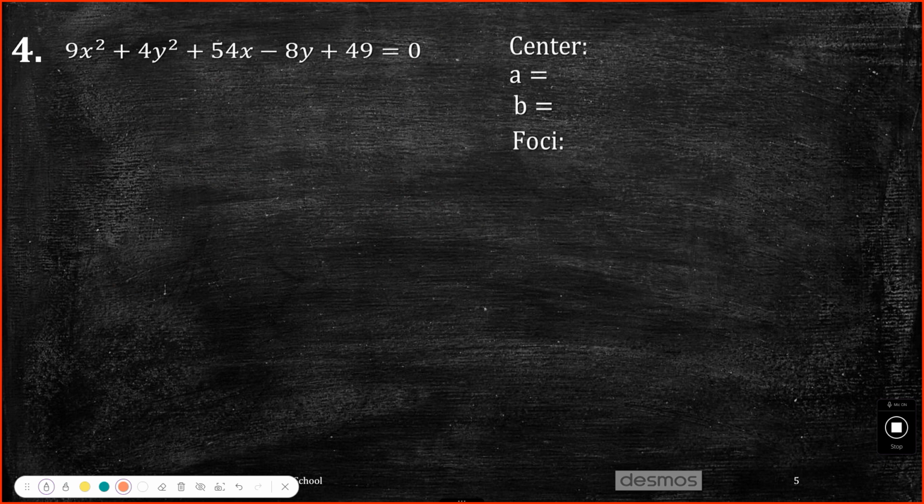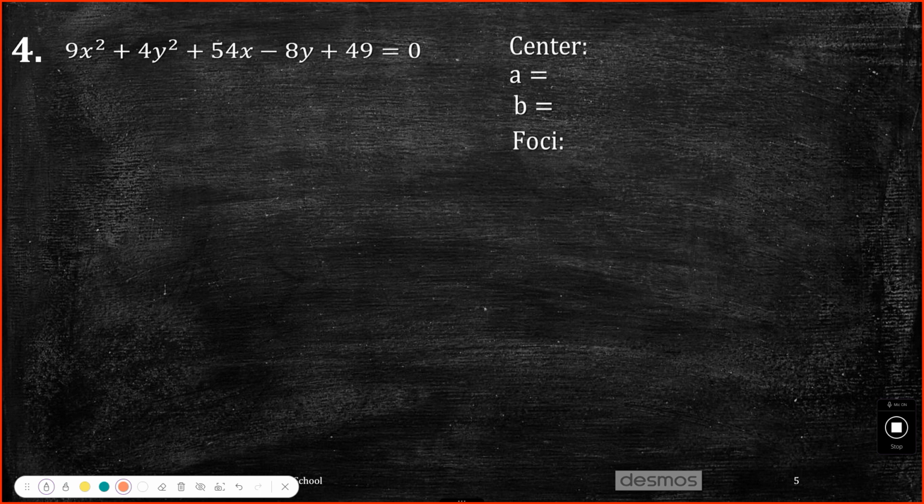We did this for the circle last week. Now we're going to try to get an ellipse out of this equation. What I said last week was to get the x's together, get the y's together, and move the constant to the other side. So that's what we're going to do.